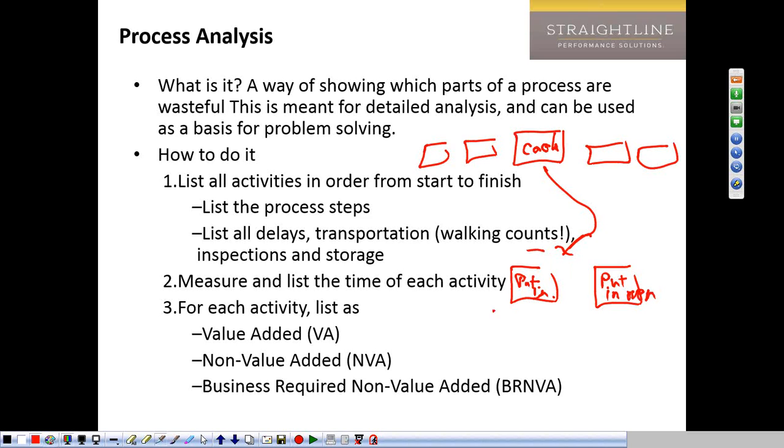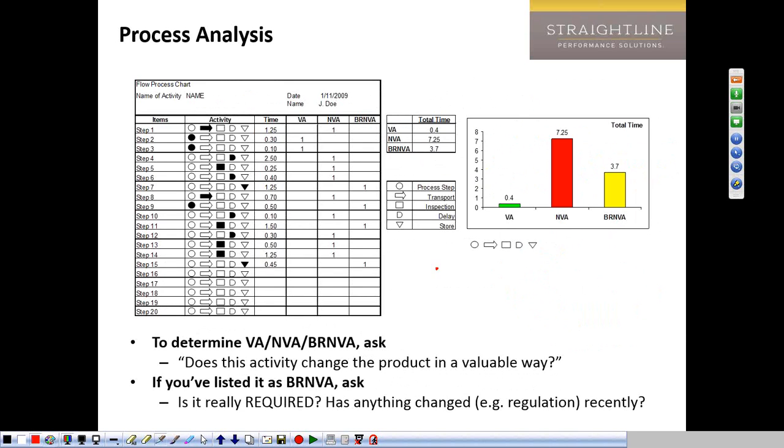We're talking about this level, really detailed. You can open it up maybe to the whole cooking process, I guess. You could probably do it that way, but I hope you get the picture. Do this on a detailed area, not a general area. Otherwise, it'll drive you crazy.